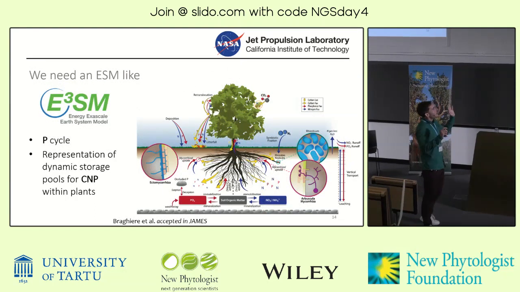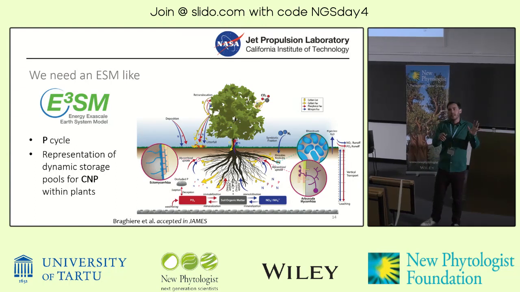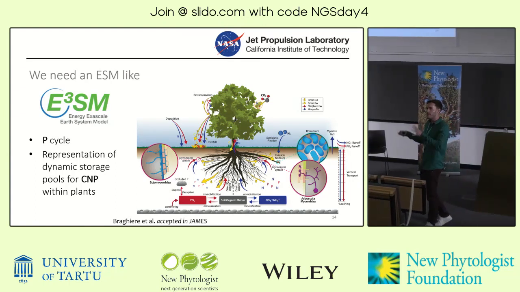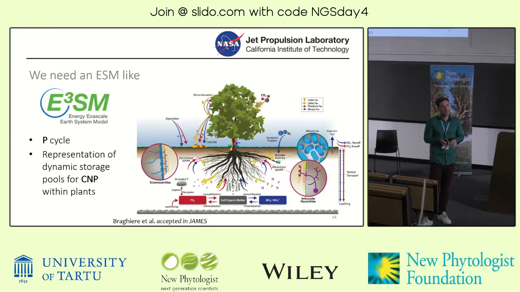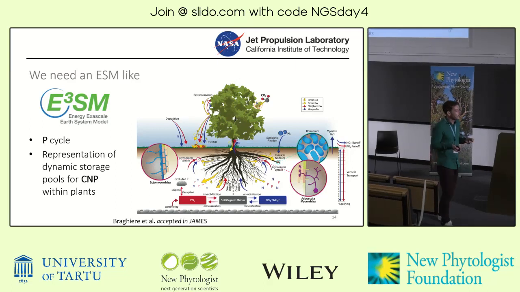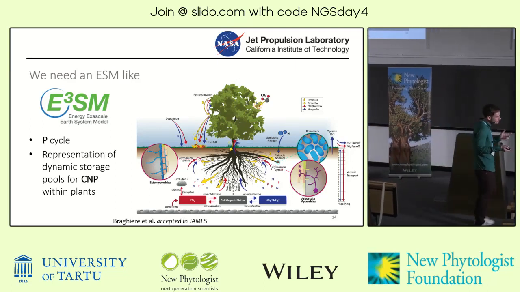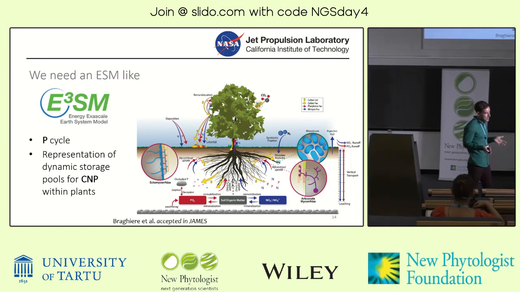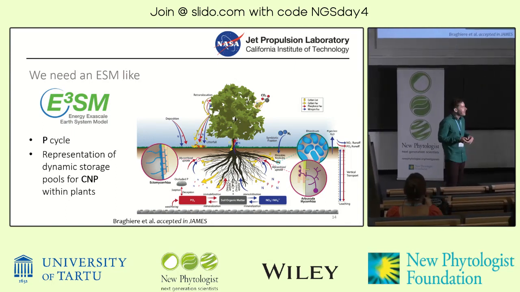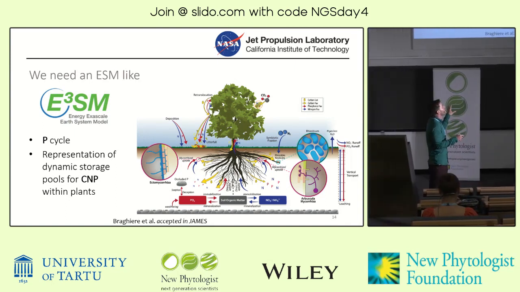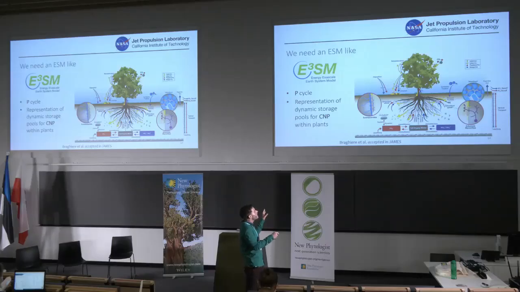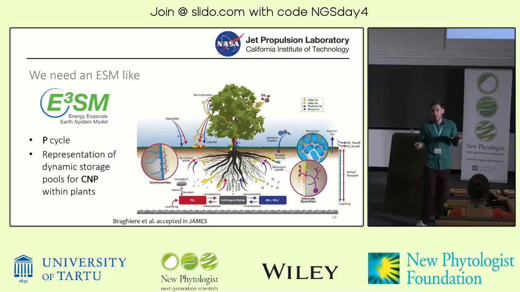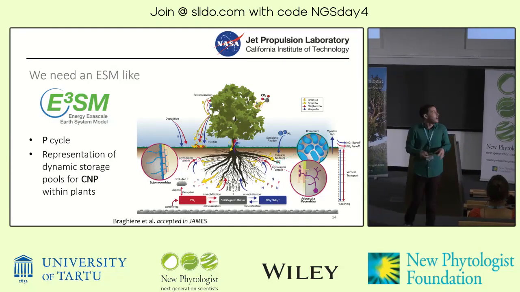And so we did that for nitrogen with one model, CLM, the Community Land Model, but CLM doesn't have a representation of the phosphorus cycle in it. So we needed a model that actually had the phosphorus cycle represented. We could stare at this image for a long time, but I just want to call your attention to some of the processes that are actually represented in ELM.